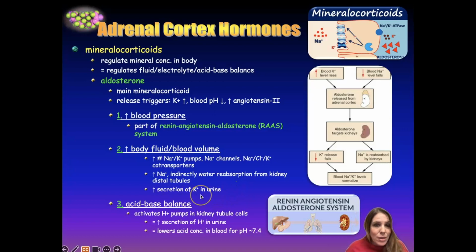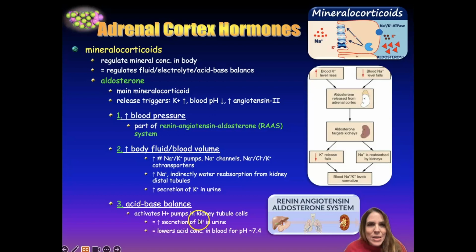Now, kind of like how water likes to eventually follow the sodium and the potassium likes to go the opposite from the sodium, well, hydrogen ions like to kind of follow the potassium. So aldosterone plays a critical role in acid-base balance, and it's going to do this by activating hydrogen ion or proton pumps in the cells of the kidney tubules. And so by activating these proton pumps, we're going to get increased secretion of protons, hydrogen ions, into the urine.